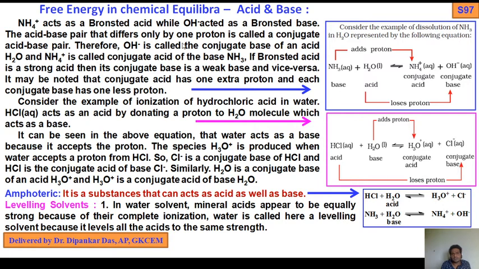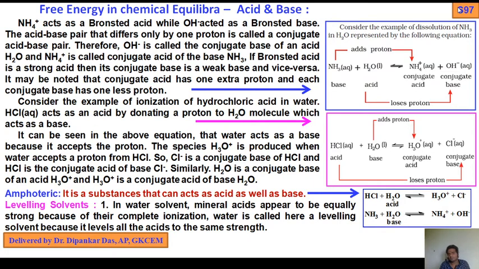Therefore, the OH minus ion is called the conjugate base of the acid water, and NH4 plus is called the conjugate acid of the base ammonia. If a Bronsted acid is a strong acid, then its conjugate base is weak, and vice versa. It may be noted that a conjugate acid has an extra proton, and each conjugate base has one less proton.